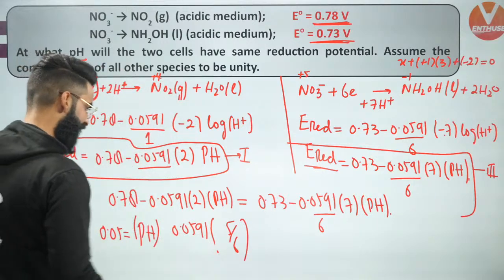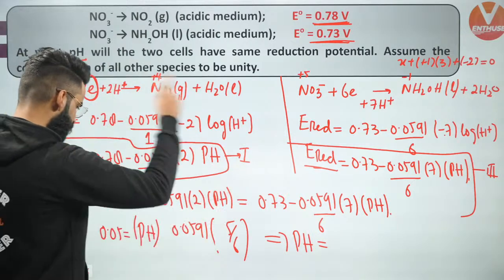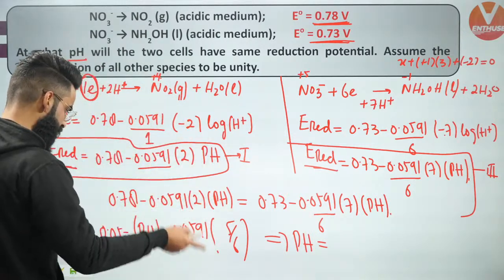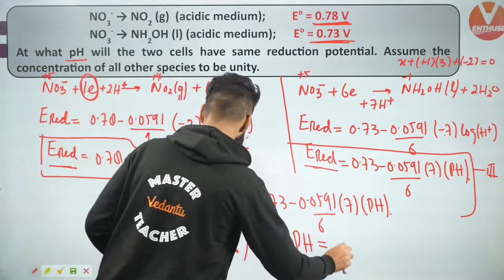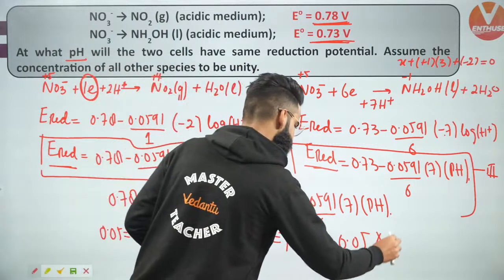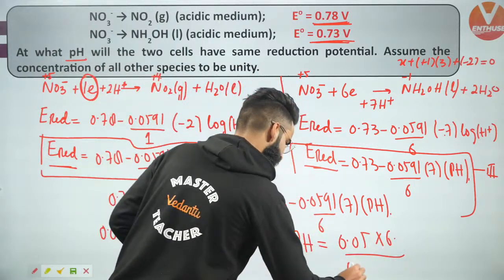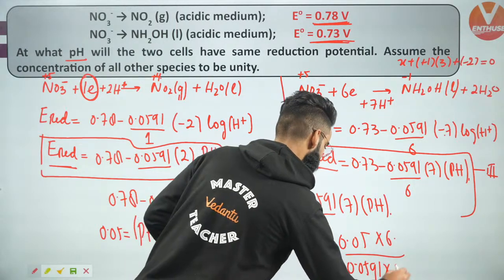So people, I can write the pH of the solution at which the reduction potential of both the electrodes are going to be same. The pH at which the reduction potential of both the electrodes are going to be same is going to be 0.05 multiplied by 6 divided by what? Divided by 0.0591 multiplied by what? Multiplied by 5.